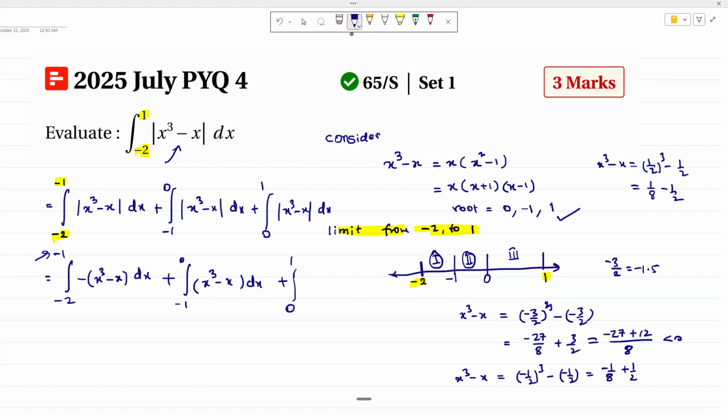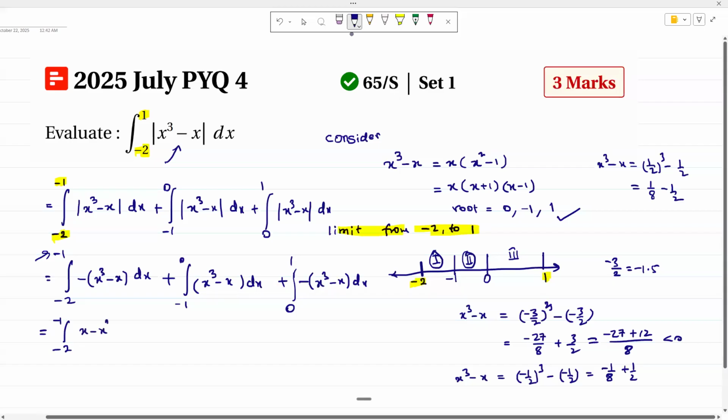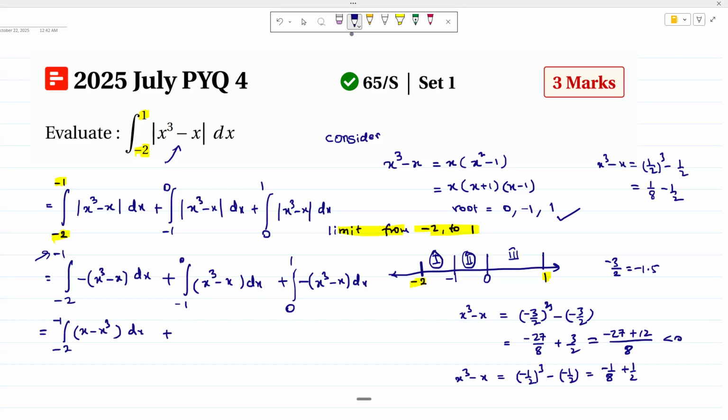So minus of (x cube minus x) dx. And then integrate it. Before integration, we will multiply with the minus first: x minus x cube dx. Now it is okay.